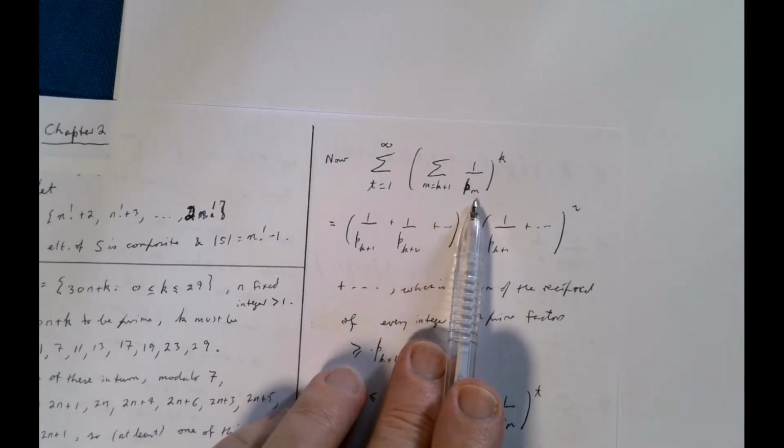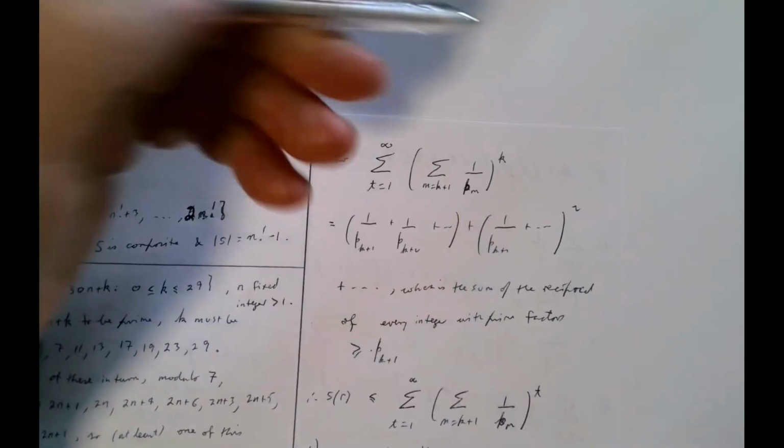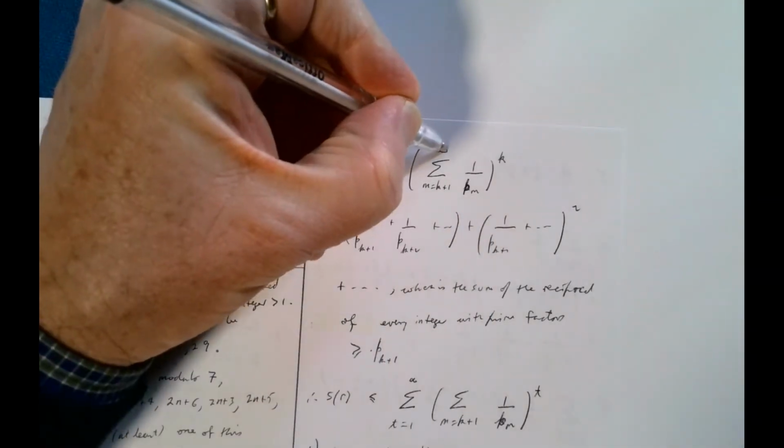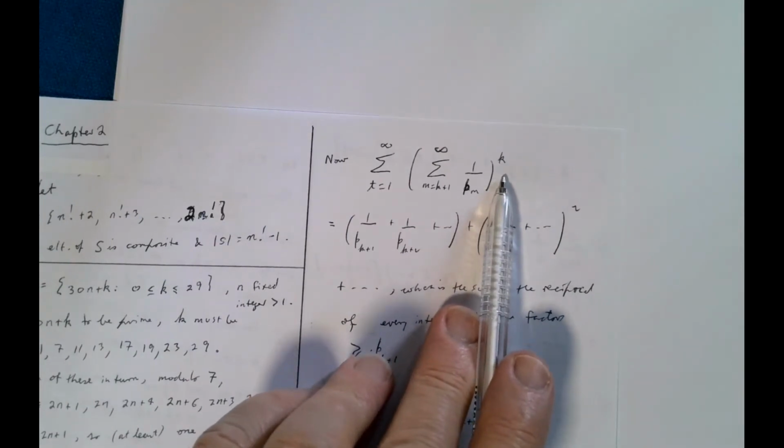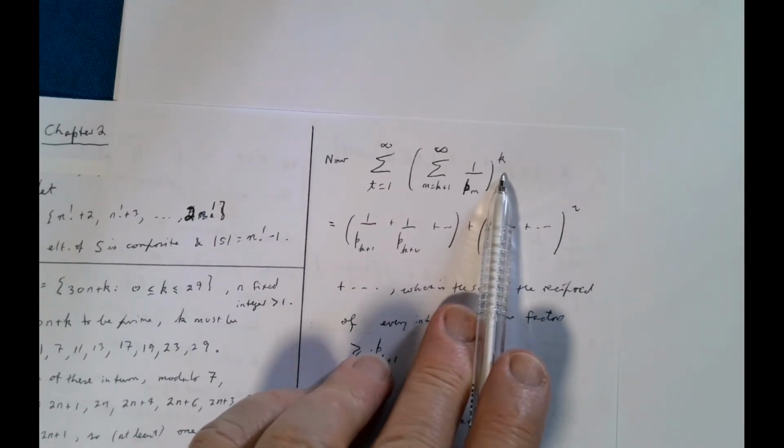We were given in the question that this was the sum up to infinity, which I'm going to put in here, and then this all raised to the power k. So this was given to us. We had to show that this one is bigger than the S sub r that we had above.